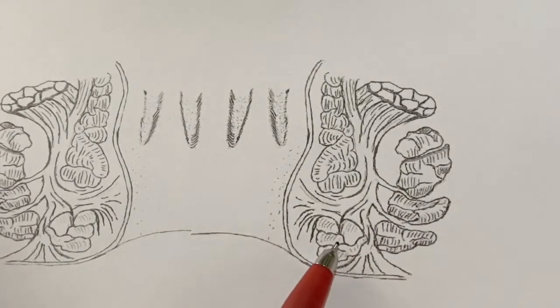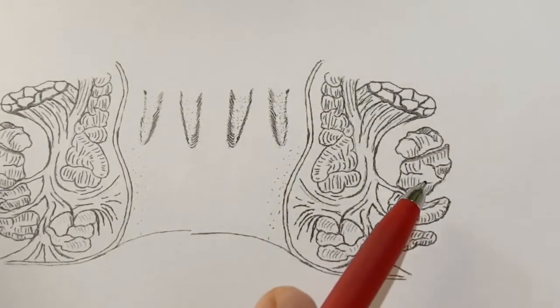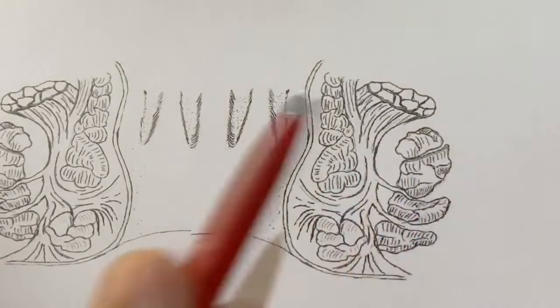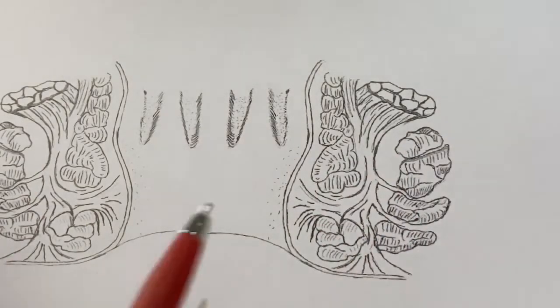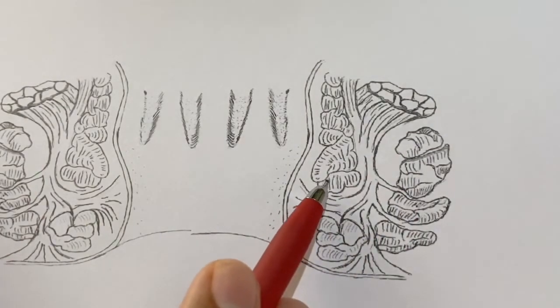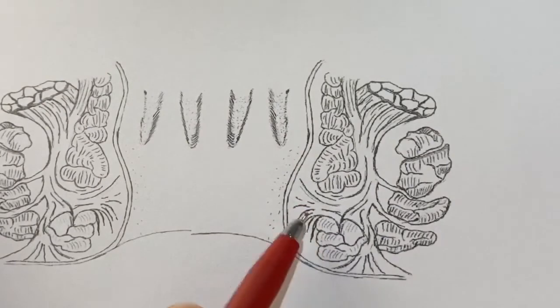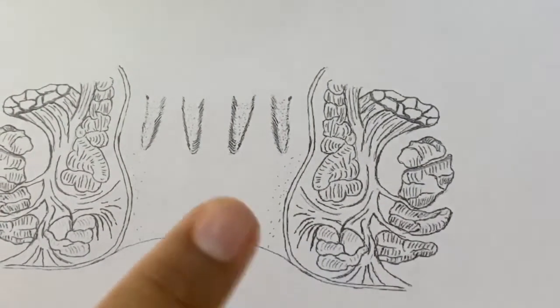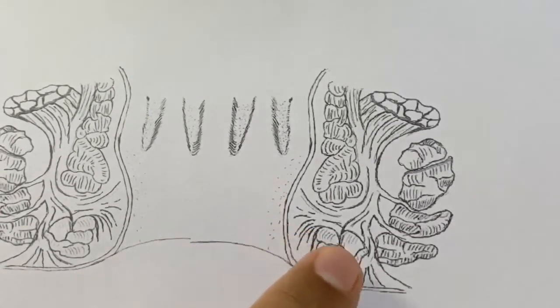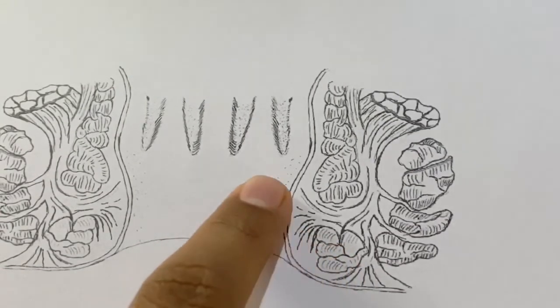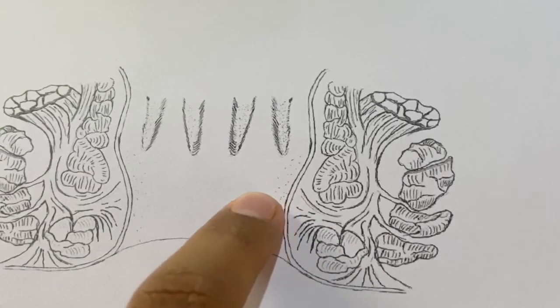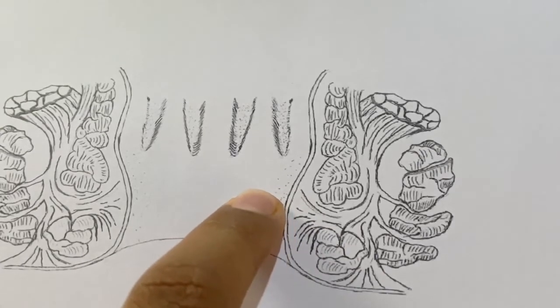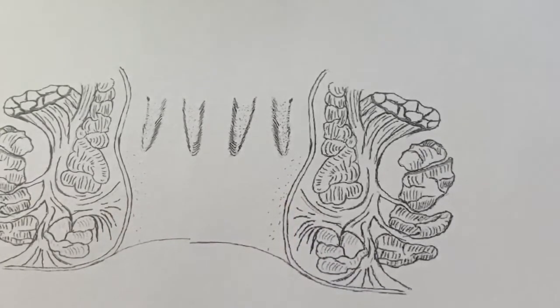This is the subcutaneous, superficial, deep, and this is the puborectalis muscle. On palpation of the space between the internal and external sphincters, you feel a groove-like structure. That is the white line of Hilton.